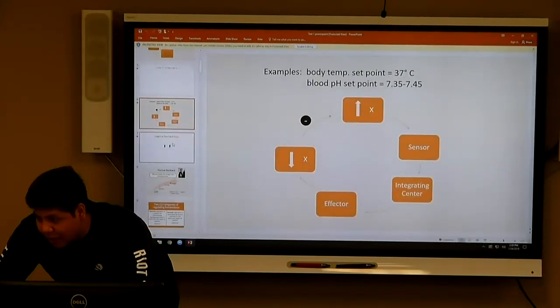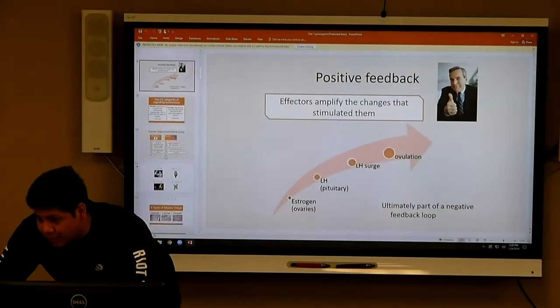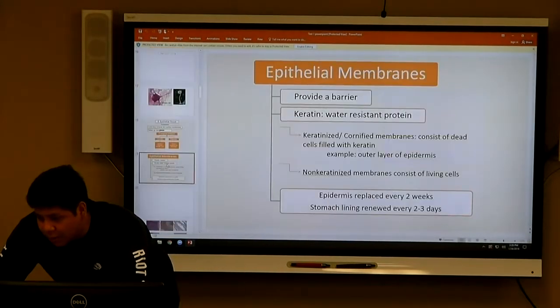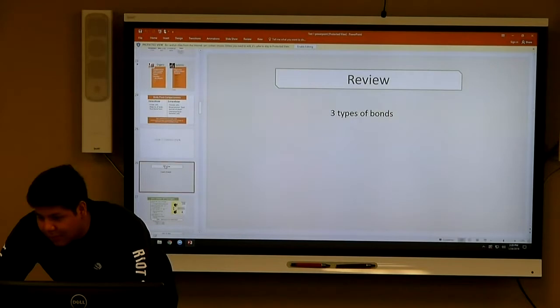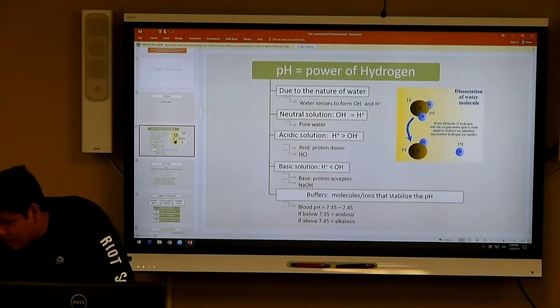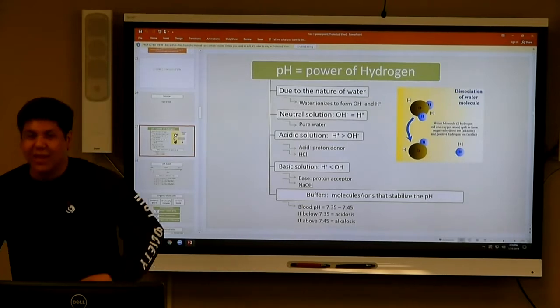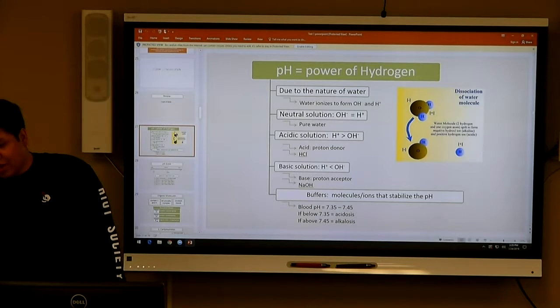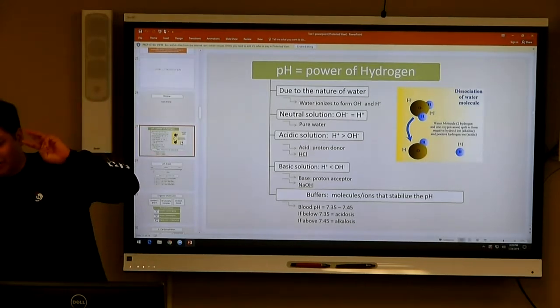Oh yeah, hydrogen bond. Okay, it's covalent, ionic, and hydrogen bonds. That's the 3 types of bonds.